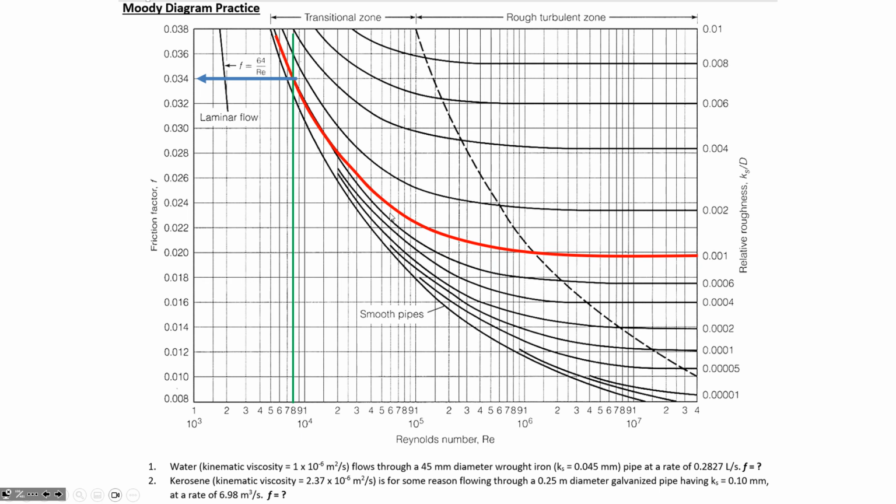Here in red, I've overlaid in red on top of the curve that follows 0.001 and intersected it with the Reynolds number of 8,000. So we're in this transitional zone where both the relative roughness and the flow conditions together account for what the F value is. So the F value that applies here is 0.034.